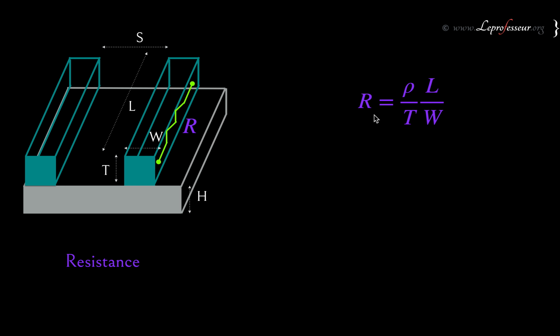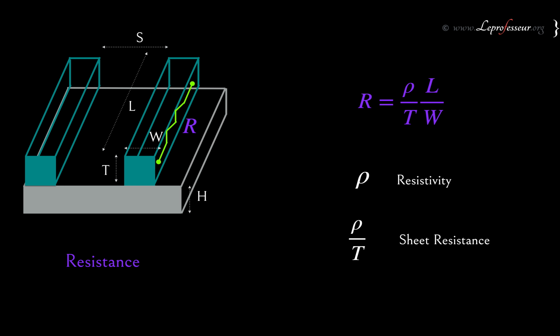Resistance is given by this equation: rho divided by thickness of the wire, multiplied by length divided by width of the wire. Rho is nothing but the resistivity, and rho divided by T, or thickness, is known as sheet resistance.